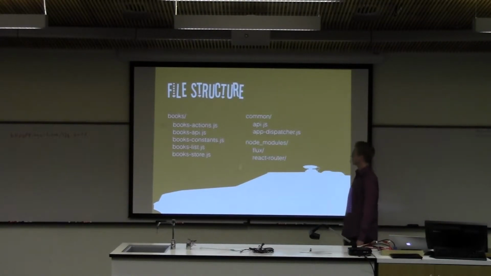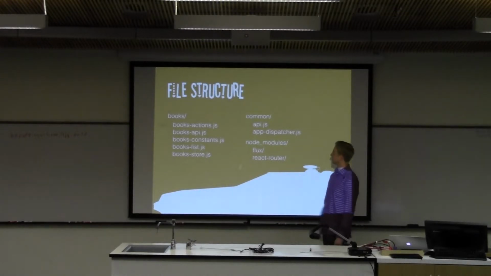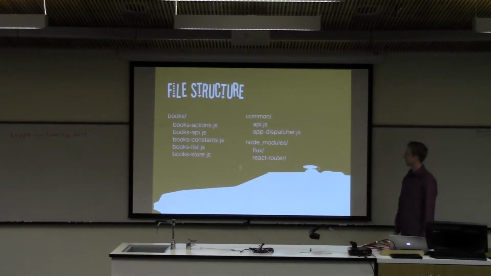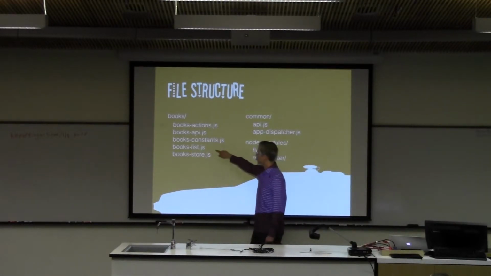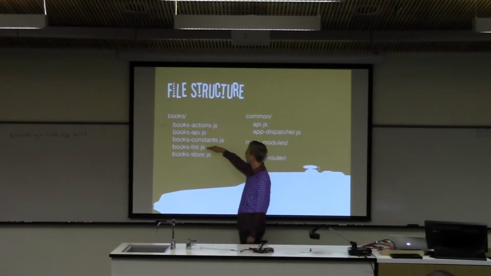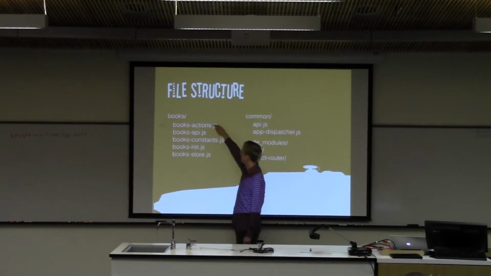So I did a little books administration app. It ends up, for me, the file structure looking like this. Now, file structure isn't Flux specific or anything like that, but these are the files. This is the component. You'll see API helper here, actions here, stores here.